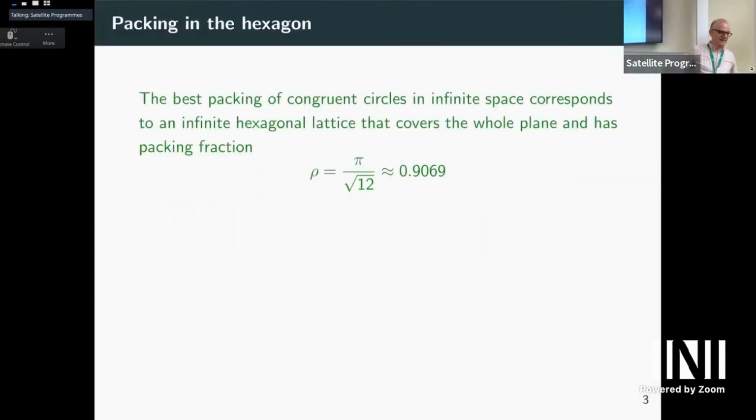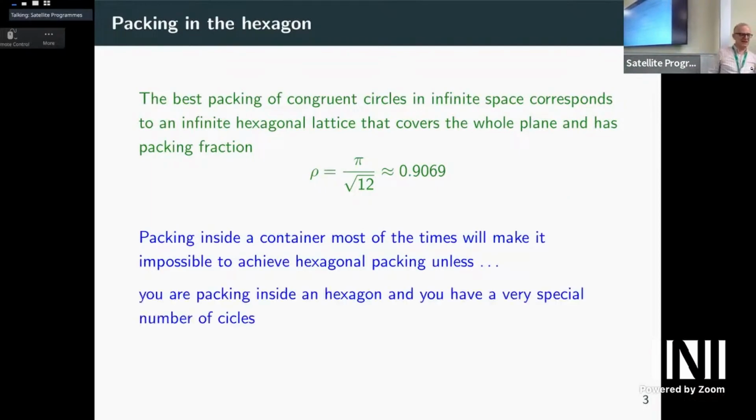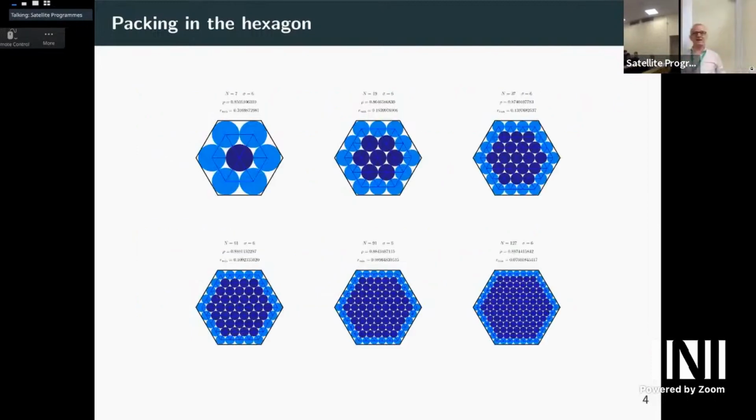Okay, so packing the hexagon, well, everybody here knows that, so I can be fast here. Essentially, in the infinite plane, you can have a perfect hexagonal packing. That's the maximum density that you can ever reach. Once you put in a container, geometrical frustration limits your possibilities. But if you have a hexagonal container, for example, at certain numbers of disks, you are lucky enough to recover a perfect hexagonal packing. For this reason these numbers are called hexagonal numbers.